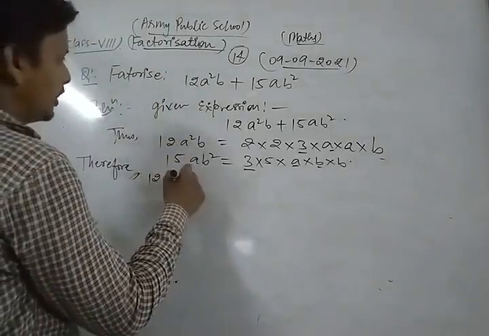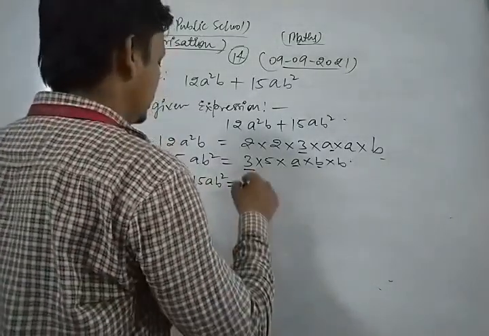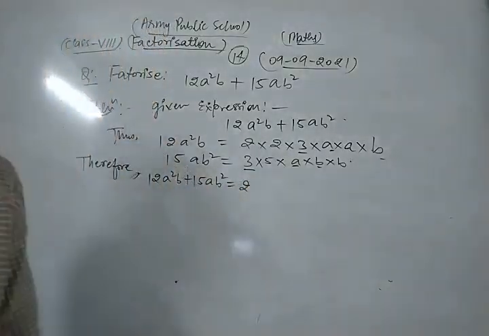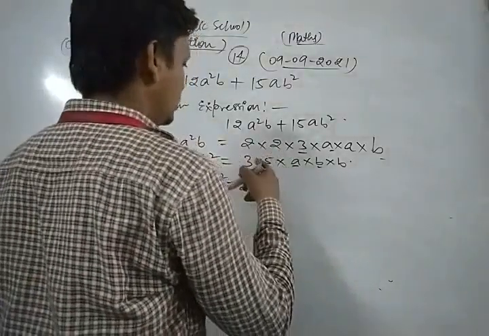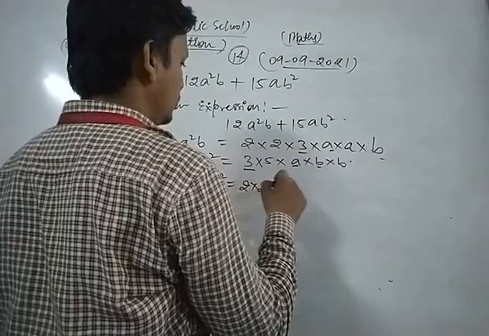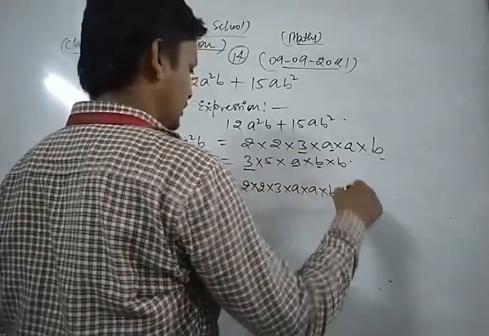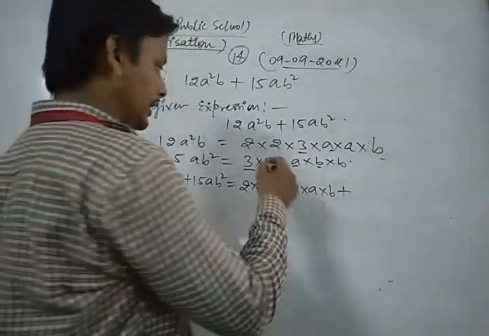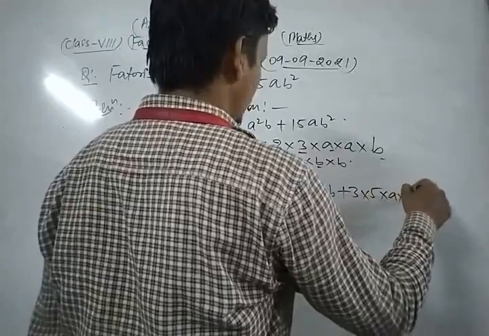12 a square b plus 15 ab square we can write as 2 into 2 into 3 into a into b plus, we can write in this way, 3 into 5 into a into b into b.